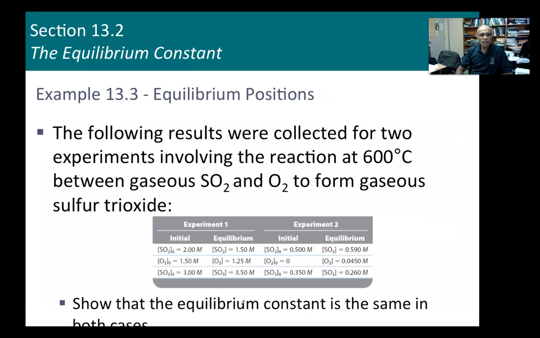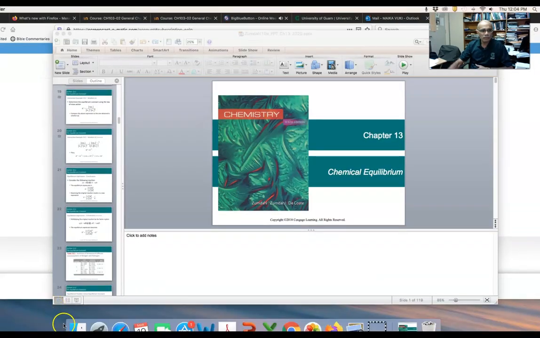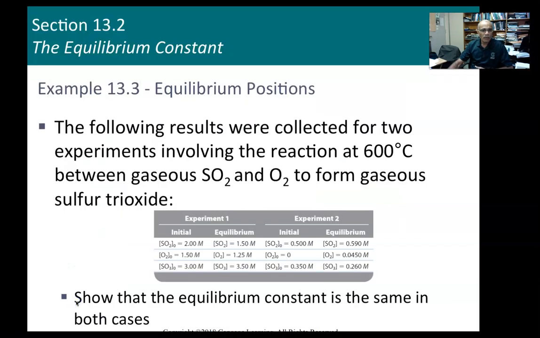Okay, let's look at equilibrium positions. The following results were collected for 2 experiments involving the reaction at 600 Celsius between sulfur dioxide and oxygen.